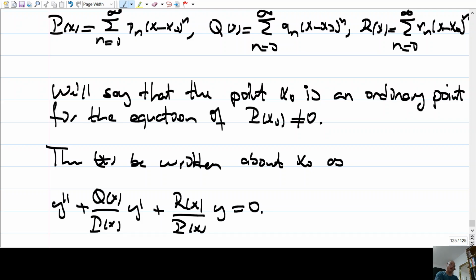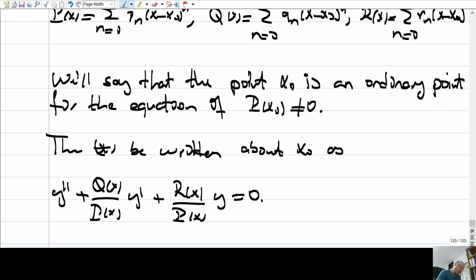Because p(x) is not 0, I can divide by p(x), and zeros of an analytic function are isolated. Therefore, there is at least some open ball in which these coefficient functions are well defined.